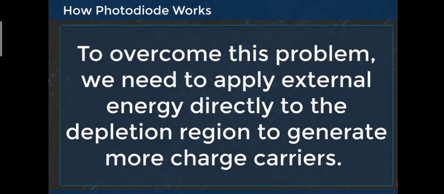When the negative terminal of the battery is connected to the p-type, the electrons in the p-type experience repulsion forces and move towards the n side, but there will be repulsion again between these electrons in the p-type and the electrons in the depletion region.